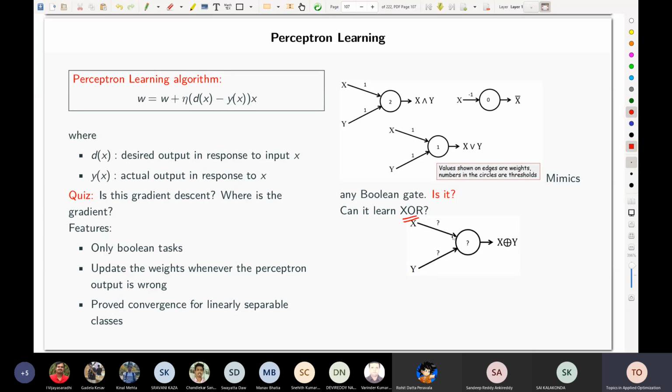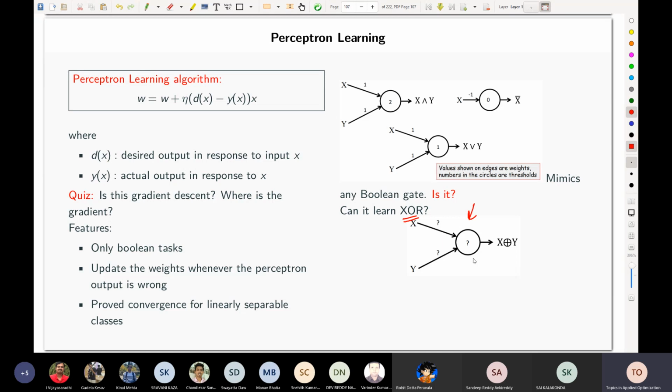For the XOR I need 2 inputs, the edge weights, and a threshold. You cannot find the weights and the threshold such that it will work like an XOR. So people said that although the perceptron is good at AND, OR and NOT, it is not able to produce the XOR operation. So the perceptron doesn't seem to be that general.